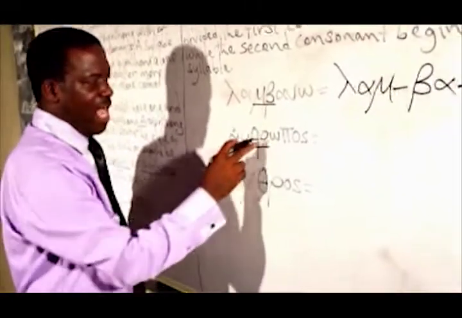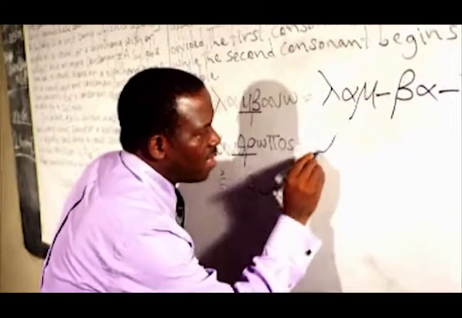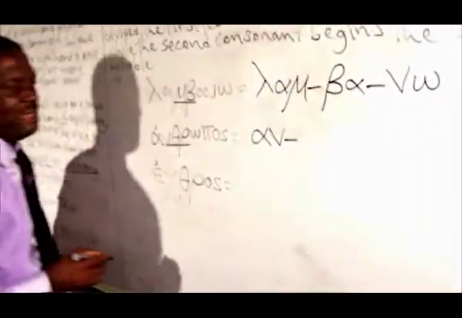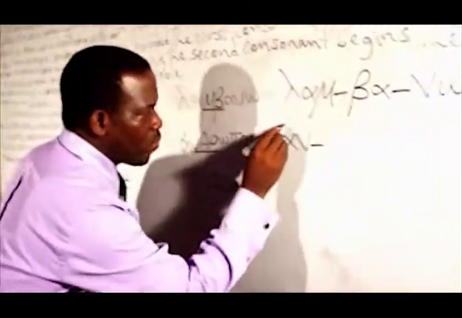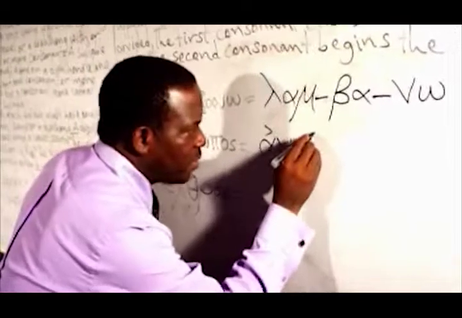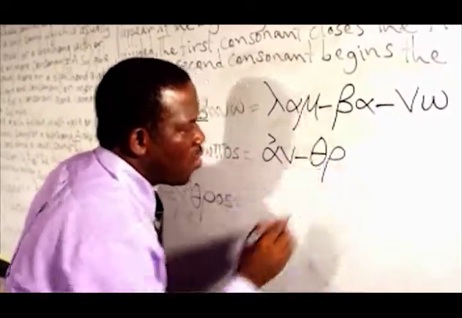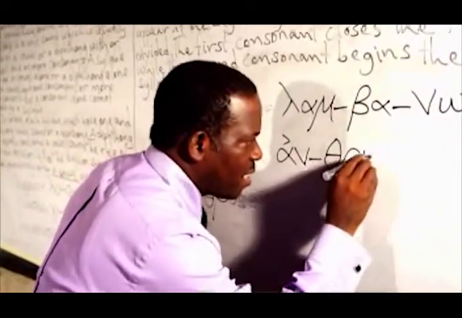The second word under the examples has three consonants appearing consecutively in the middle: nu, theta, and rho. So we have to split them. The first one goes with the first syllable. Then we come to the next two. Theta and rho can go together, so we join them together.